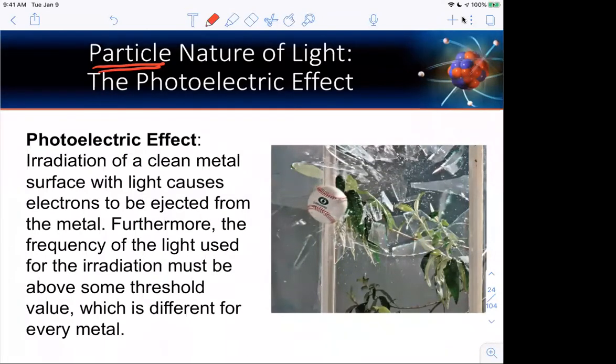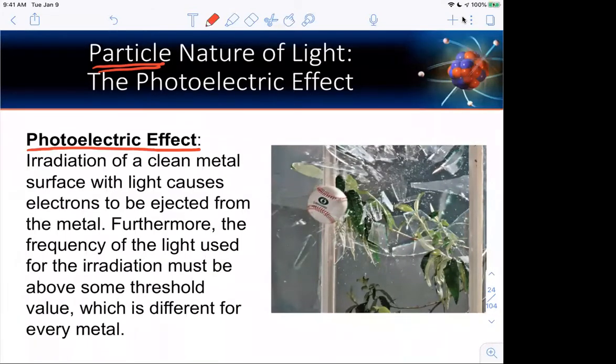One very classic experiment that indicates that light can also act as a particle is the photoelectric effect. When I have a photoelectric effect, I irradiate a clean metal surface with light.